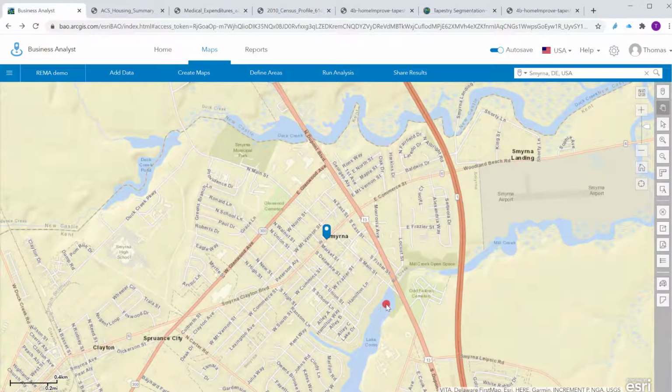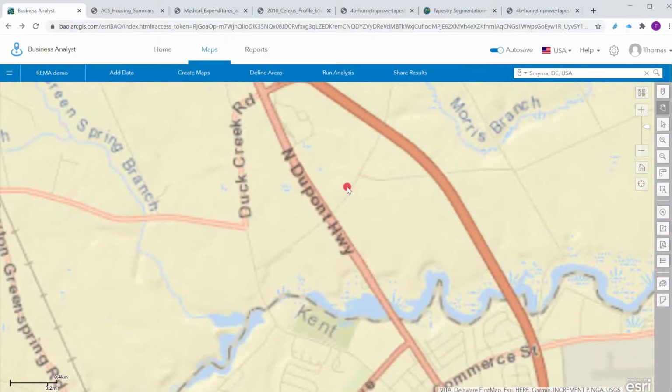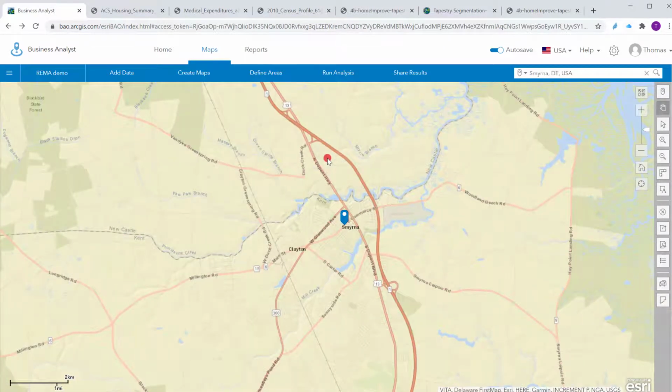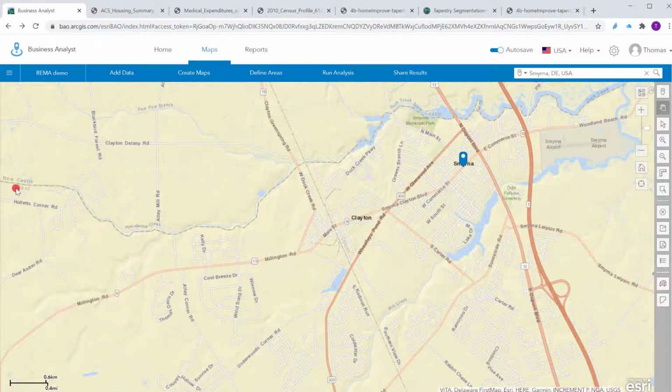Lake Como, not the Lake Como from Italy, but great place. Mental facility, old farm, cemetery. And if you zoom out, if I recall right, this is the site for one of your groups. So really cool.